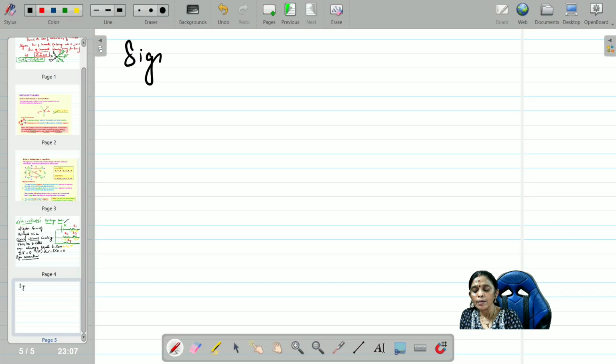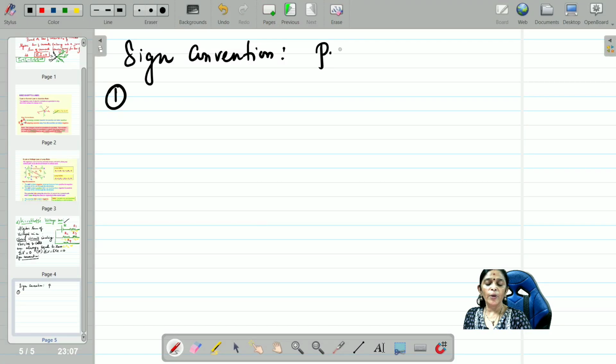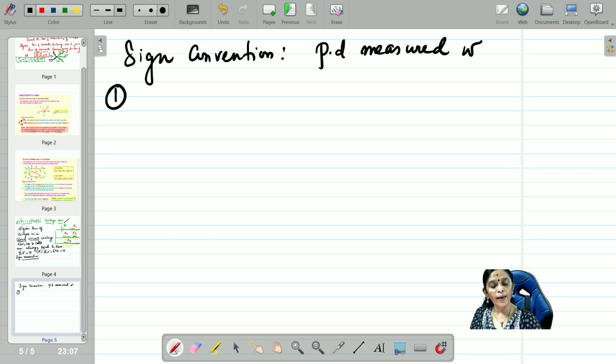Sign convention number 1. Potential difference measured while traveling, you are going to travel in a closed path.